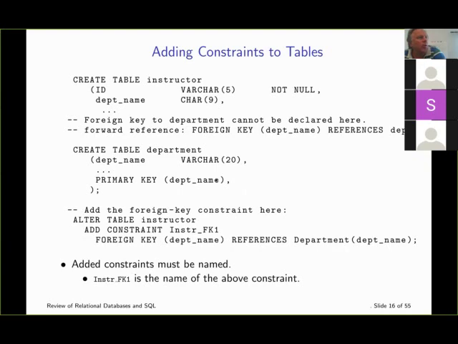Adding constraints. This is again part of the data definition language, where you can alter the constraints. You can alter the table and add constraints. You can alter tables also and do things like change the attributes. You'll find yourself using this in practice, because sometimes the table signature has to change, and you don't want to rebuild the complete database, that's crazy.